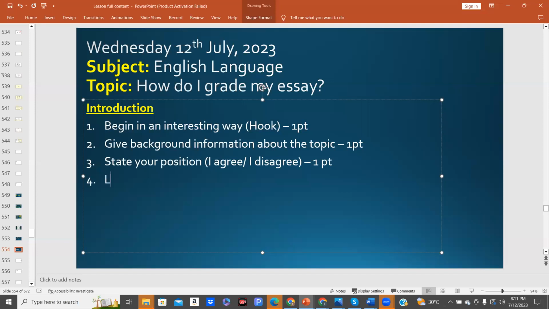So the next thing is you want to list 3 reasons for your position in the thesis statement.